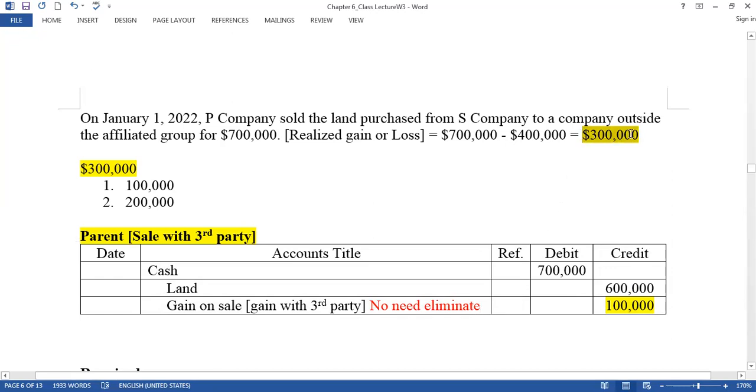But what is the real gain? The real gain is $300,000. Why? Because the original cost is not 600. The original cost is $400,000. So the realized gain should be $300,000.